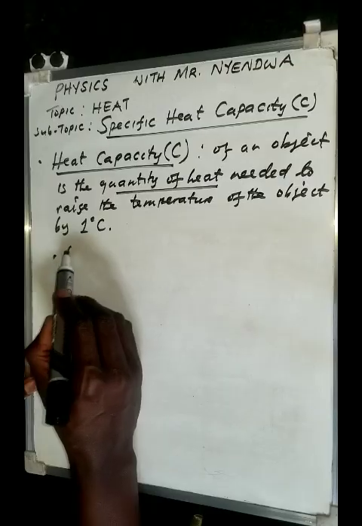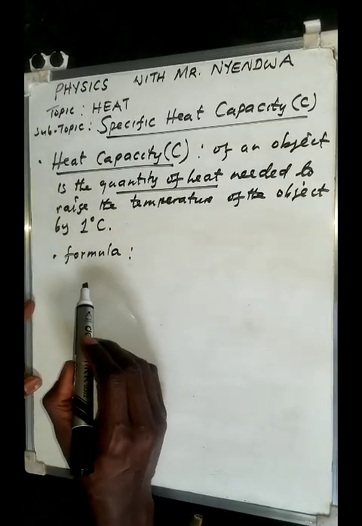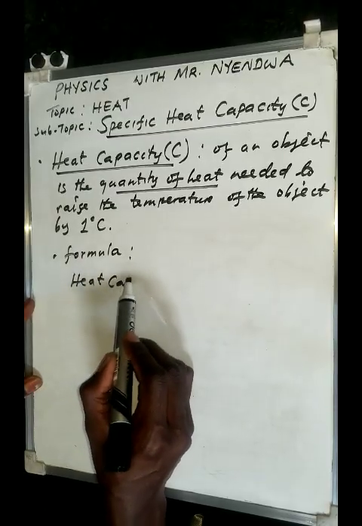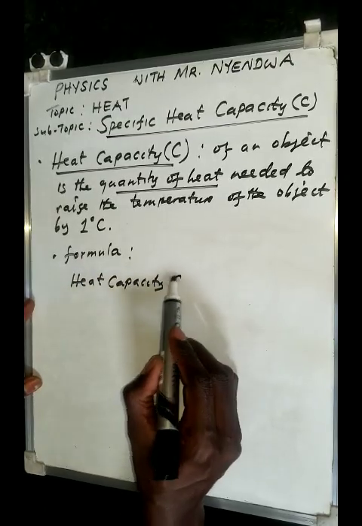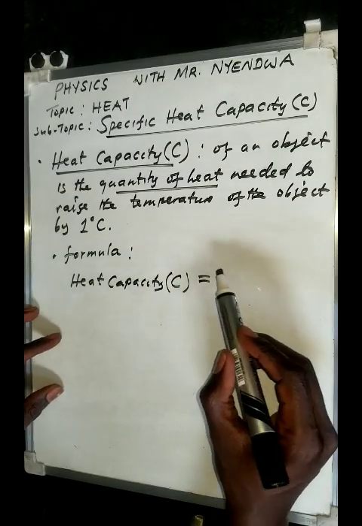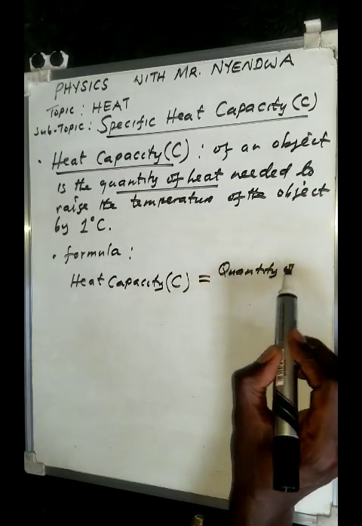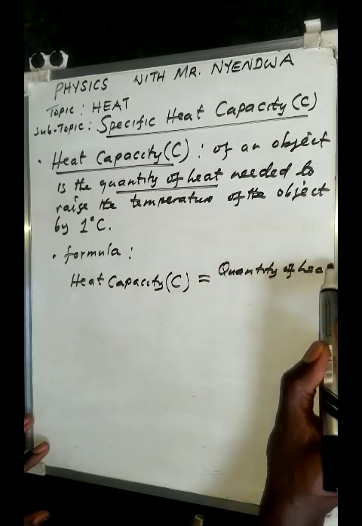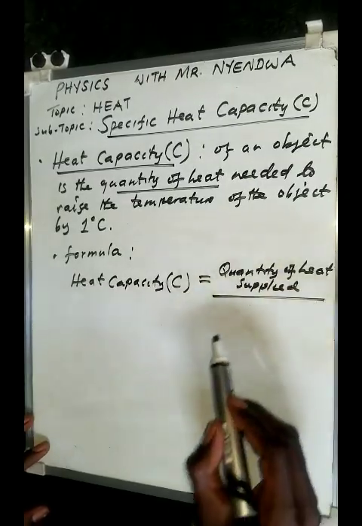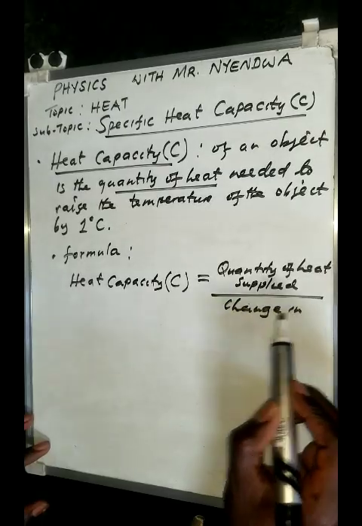Therefore, if you want to find the heat capacity, the formula that you can apply is that heat capacity, capital letter C, is equal to the quantity of heat that has been supplied divided by the change in temperature.